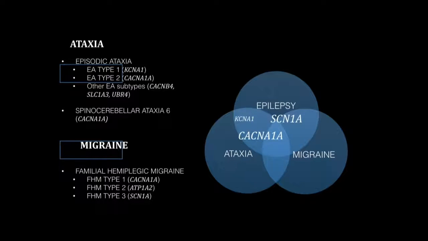So now a few words, which will be the introduction for, I think, the next speaker. As I mentioned before, there are some ion channels associated with other manifestations, in particular sodium channel 1A and potassium channel alpha 1, which have been associated with episodic ataxia, which are episodes of sudden cerebellar signs.